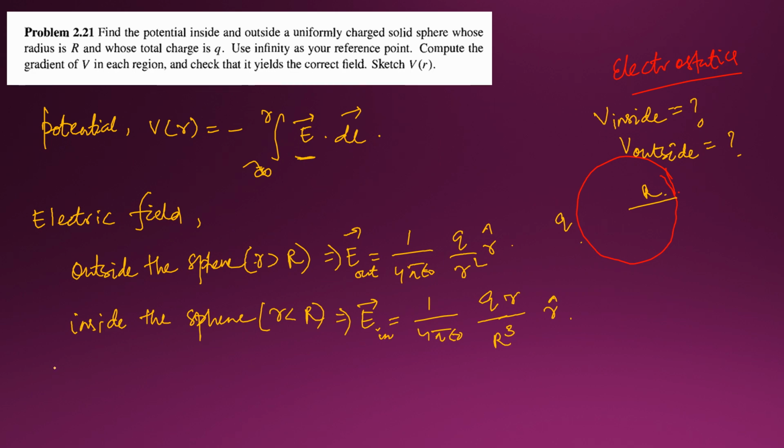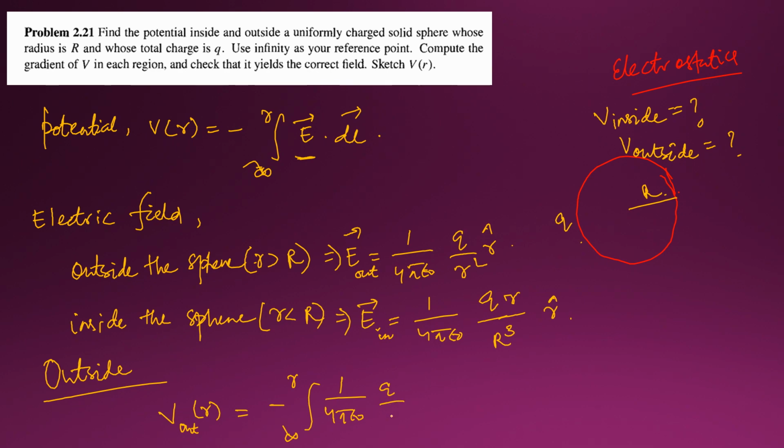So let's first calculate the outside point. V out is equal to minus integral from infinity to r of E dot dr. E is 1 by 4 pi epsilon naught q by r square r cap, into dr r cap.